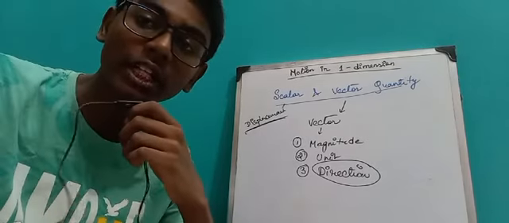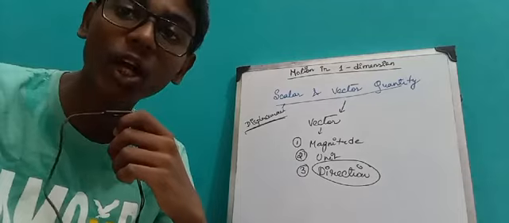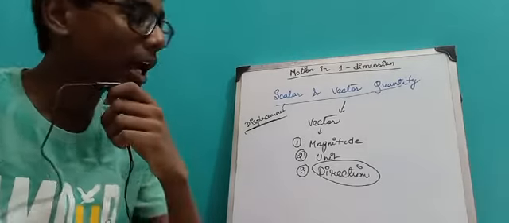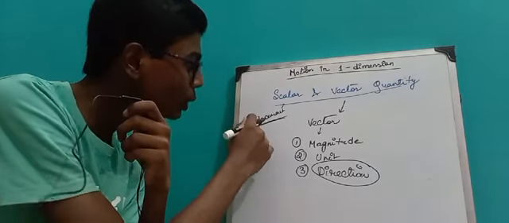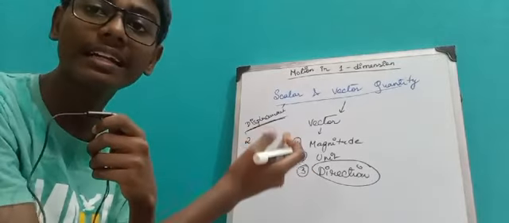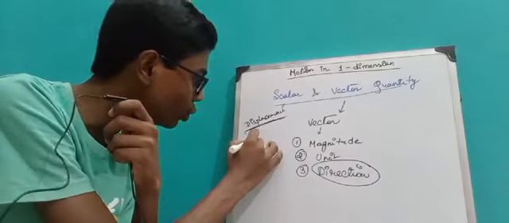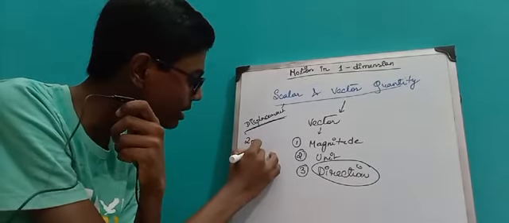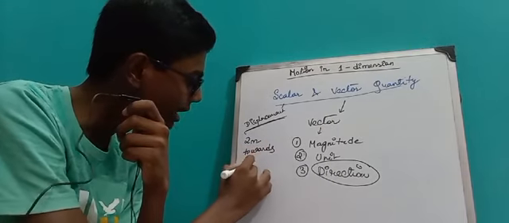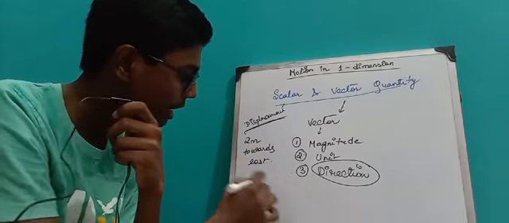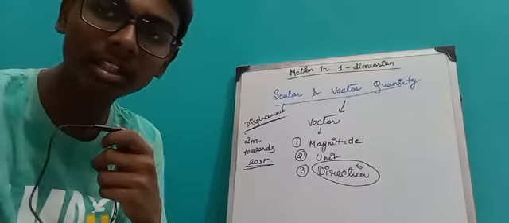Without telling the direction, displacement cannot exist. So if we are to represent displacement, then we have to say 2 meter towards, now we have to tell a direction, suppose east. This east is the direction.